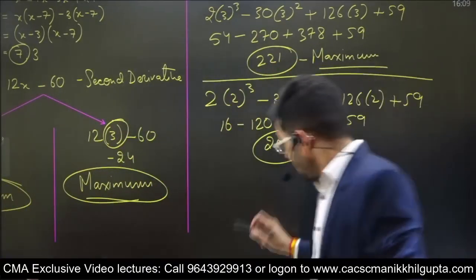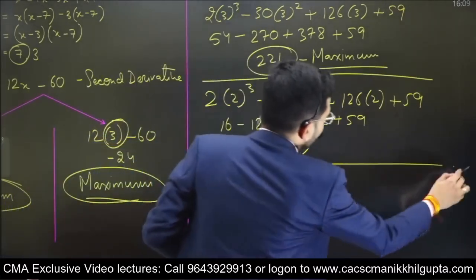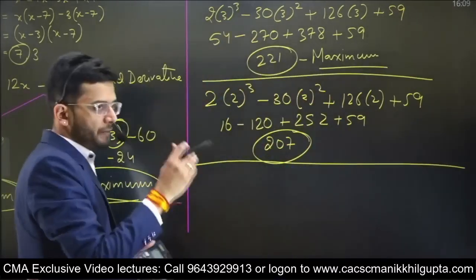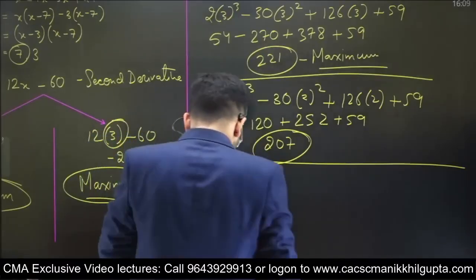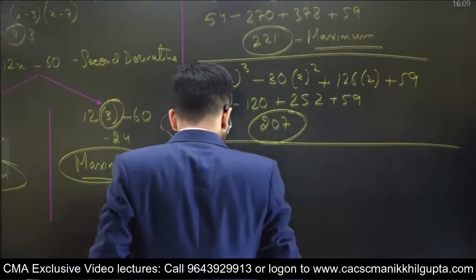Now I'll put the number as 4, because 3 was the middle number. I'll use 4 and 2 and see what the result is.